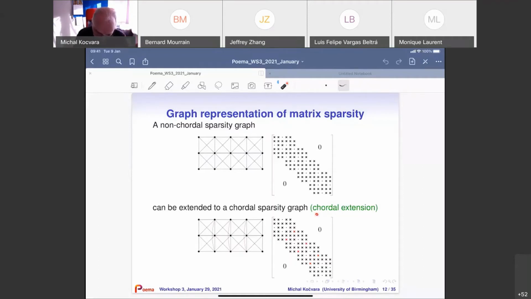So this is something I would call chordal extension. And we can do it, of course, for any graph. So in the worst case, we will finish with a completely full matrix, where we will connect all existing vertices in the graph.